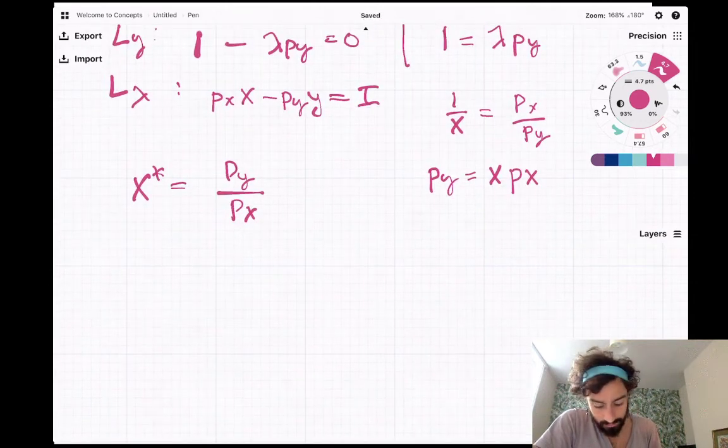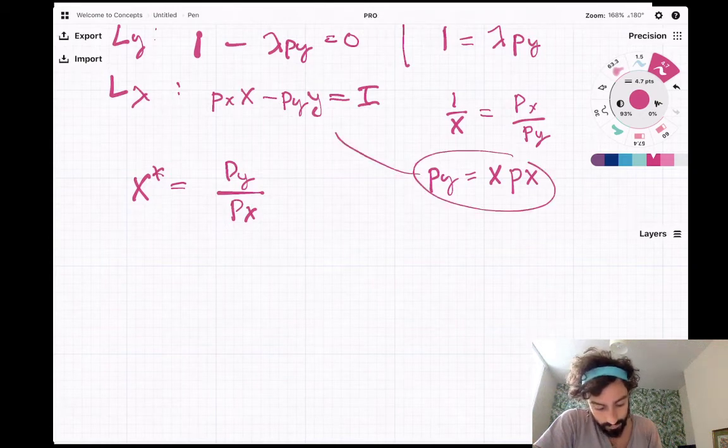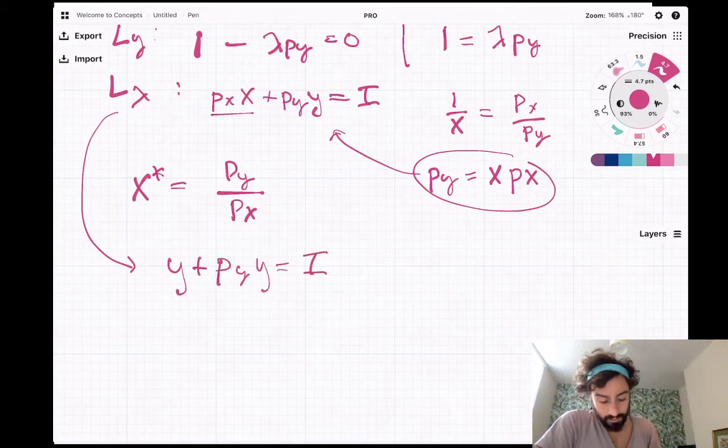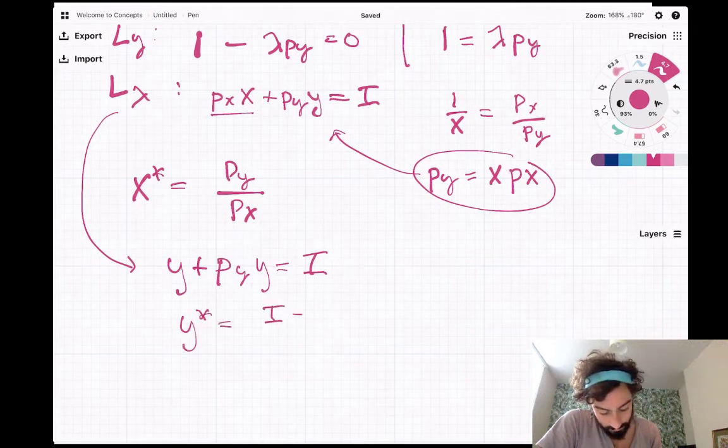And then to find y star, we have to plug this equation back into the budget constraint, right? So if we plug that in for x, we have x px on this side, and so we can replace that with a py. So py is equal to x px. We have an x px, so we can use this equation, and we can get that y plus py is equal to I, right? In other words, y star is equal to I minus py, right?